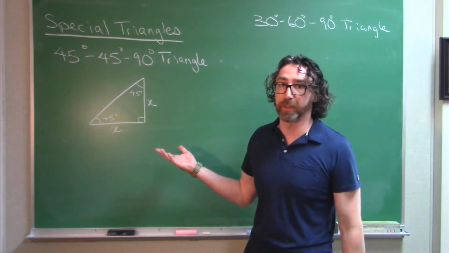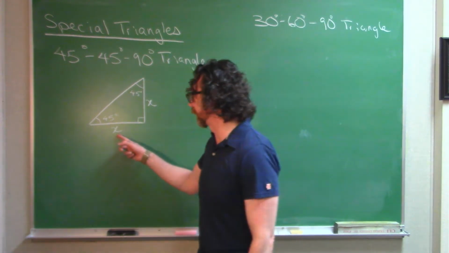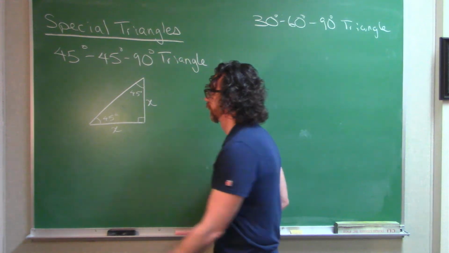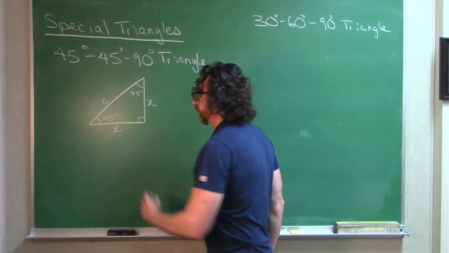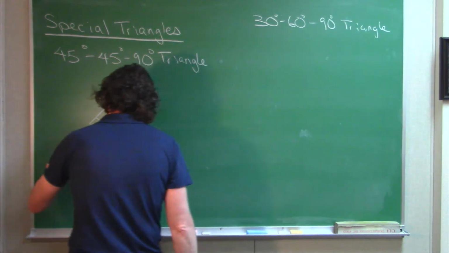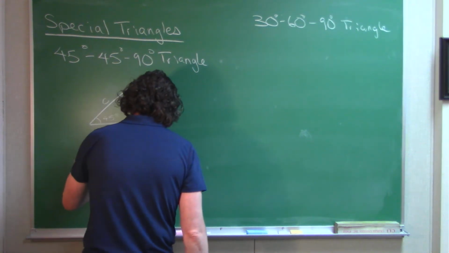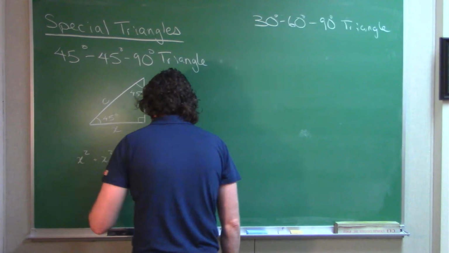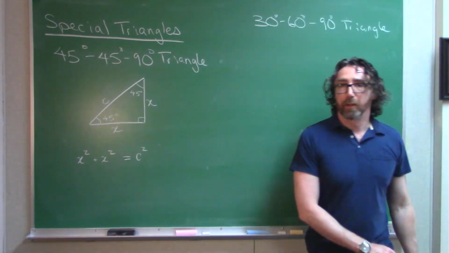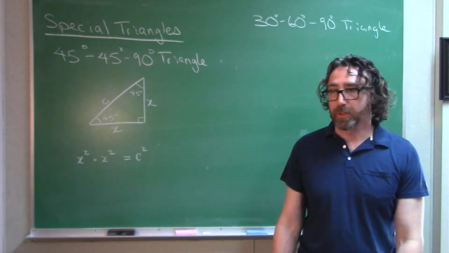We've got the Pythagorean Theorem to help us figure it out. If we know this, and we know this, then we can figure out c, whatever that is. The square on each leg added together should give us the square of the length of the hypotenuse.